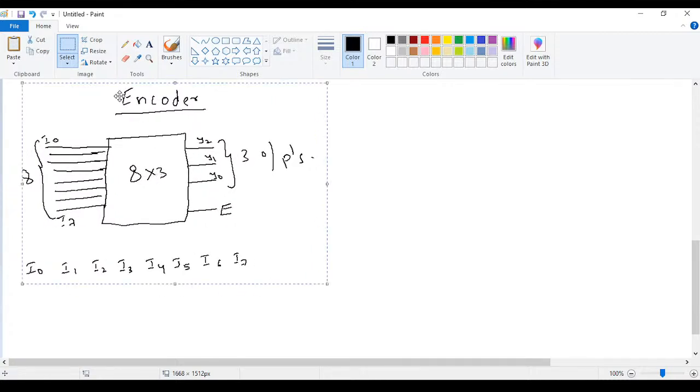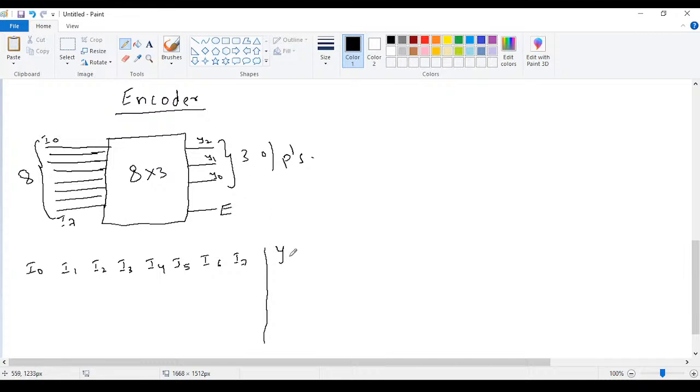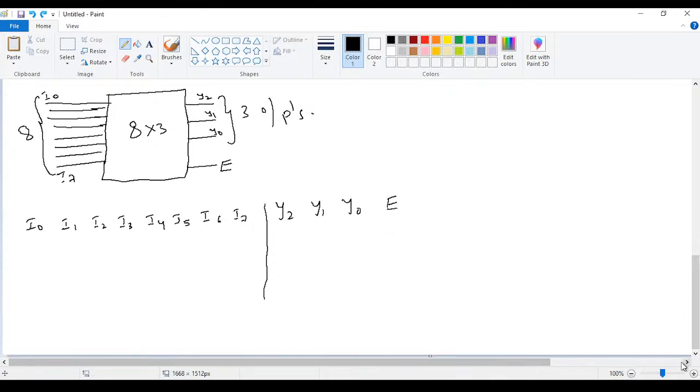Okay, so we can see here I0, I1, I2, I3, I4, I5, I6, I7, and we are having outputs Y2, Y1 and Y0, and if you want we can have the enable also.